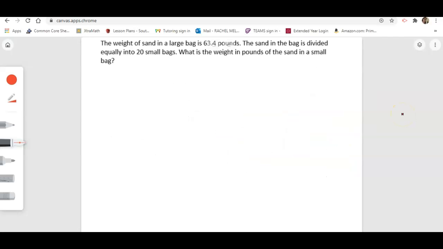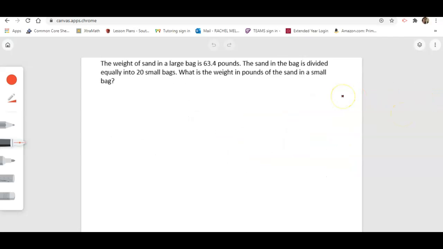All right, our second problem says the weight of sand in a large bag is 63 4/10 pounds. The sand in the bag is divided equally into 20 small bags.